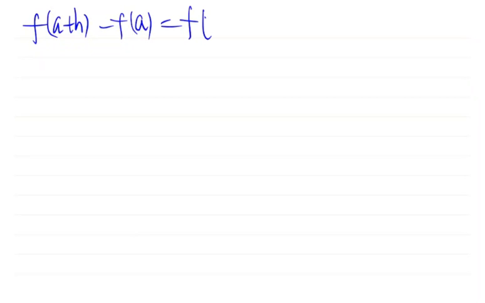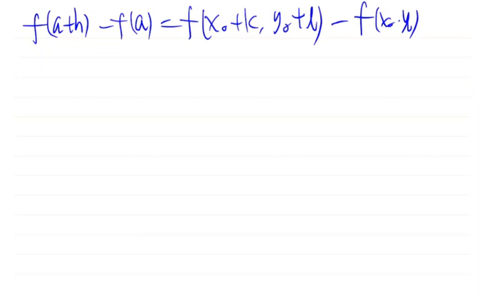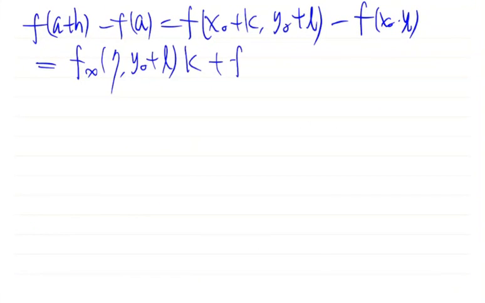So up to now, we have proved that f(a plus h) minus f(a), that is f(x0 plus k, y0 plus l) minus f(x0, y0), is fx(eta, y0 plus l) k plus fy(x0, xi) l.